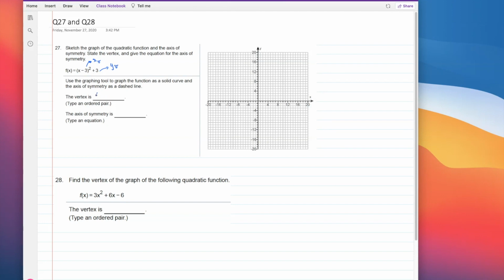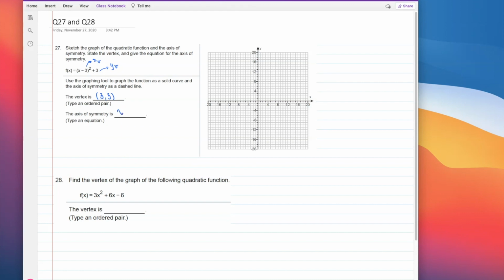And then the vertex, as an ordered pair, is the point (3, 3). The axis of symmetry is the vertical line that splits your parabola into two congruent sides, and it always goes through the x of the vertex.